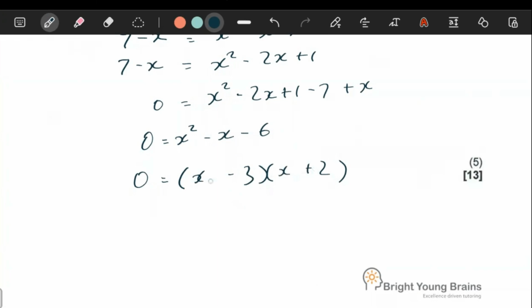There you go. So here, x minus 3 is equal to 0, or x plus 2 is equal to 0. So fortunately, you can just say x is equal to 3, or x is equal to negative 2.